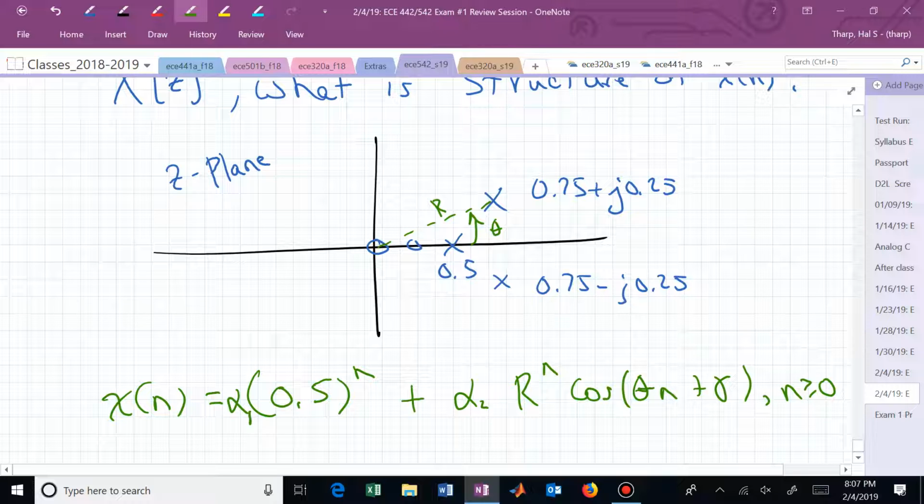Or it could be cosine theta n and sine theta n, all scaled by r to the n.